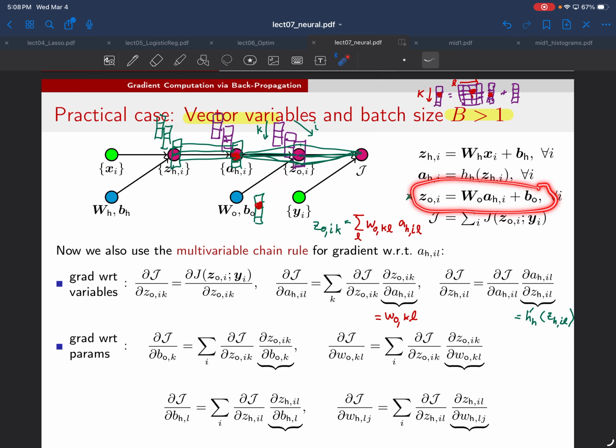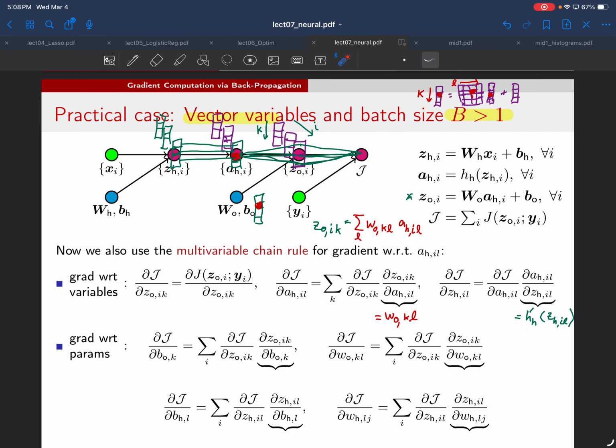Yes, exactly. So there is a nice decoupling this way. It's coupled across batches, so we have to use the multivariable chain rule summing across the batch, but not across the different K because it's decoupled through this equation.